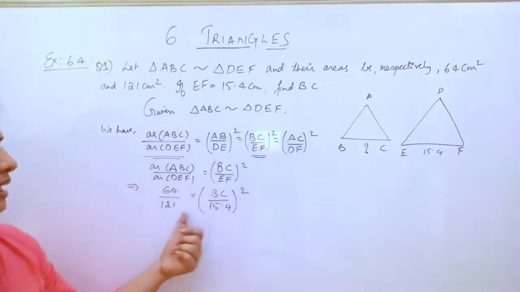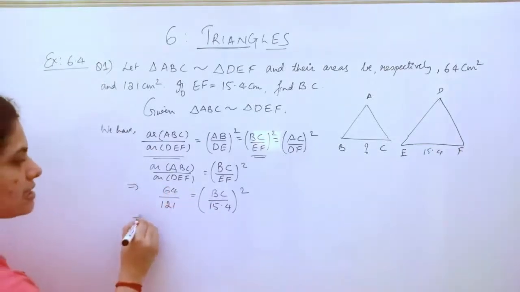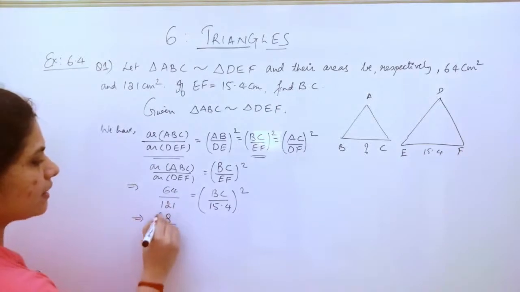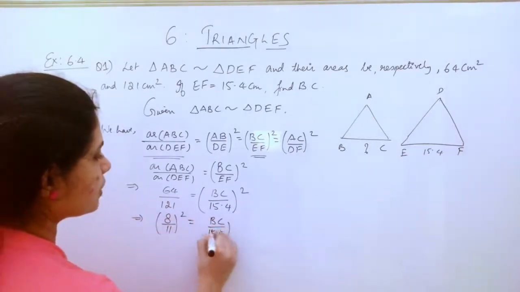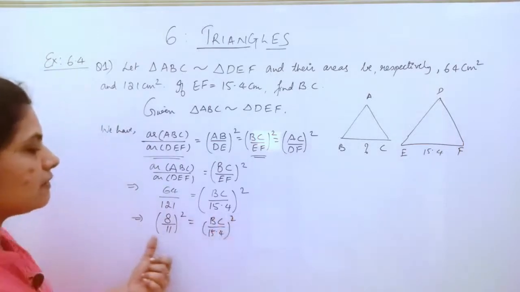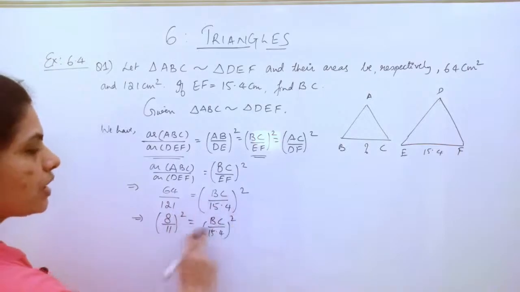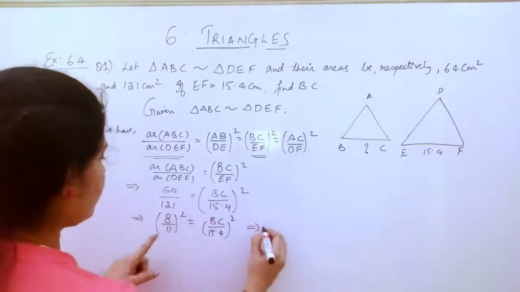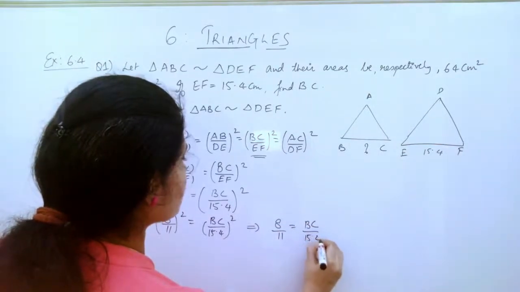Now on the left side you can write 64 by 121 as 8 by 11 the whole square, which is equal to BC by 15.4 the whole square. In order to simplify easily, we are writing like this so that we can take the square root and get the fraction 8 by 11 is equal to BC by 15.4.